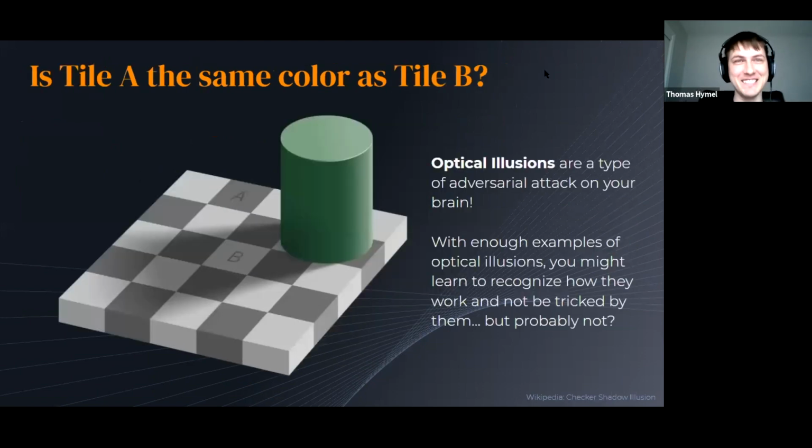Yeah, okay, so this is an optical illusion. And optical illusions are a type of adversarial attack on your brain, right? So someone with the inner workings of how you see the world designed this optical illusion to try to trick you to think that A and B are different colors. So again, the idea comes back to with enough examples of optical illusions, you might learn how to recognize how they work and then not be tricked by them.